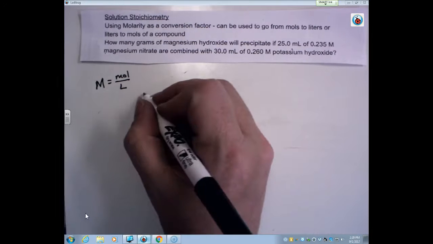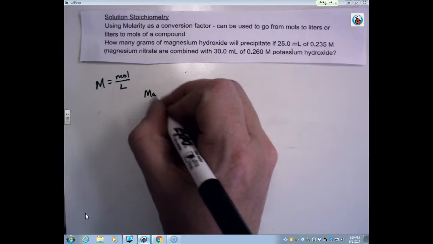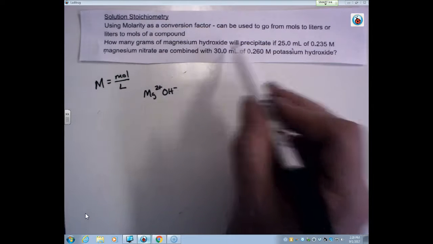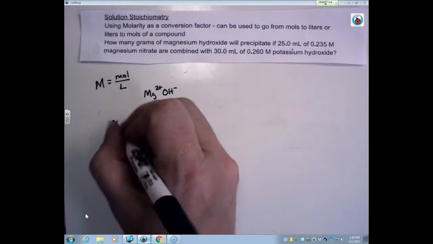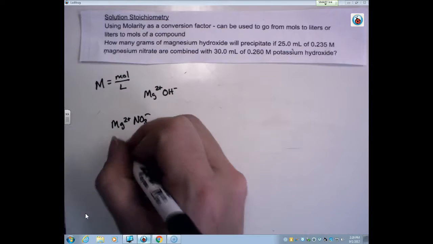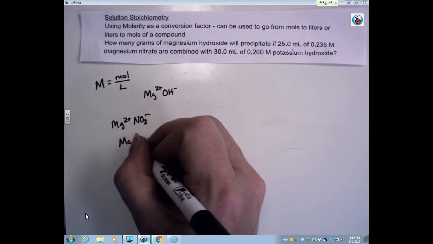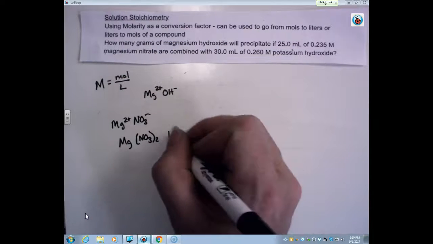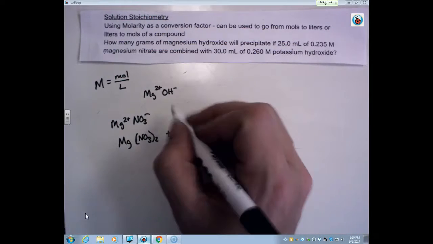So magnesium hydroxide, remember your charges. Magnesium's in group 2, so it's 2 positive. Hydroxide is OH negative. So we want to know how many grams of magnesium hydroxide will precipitate if I react magnesium nitrate. So magnesium and nitrate, that's going to be Mg(NO3)2 plus potassium hydroxide.